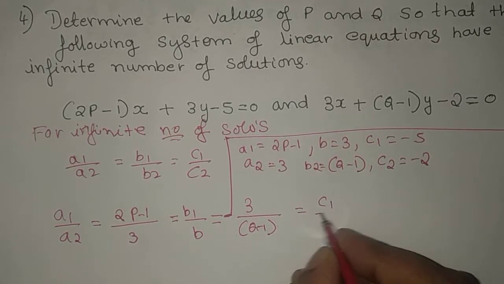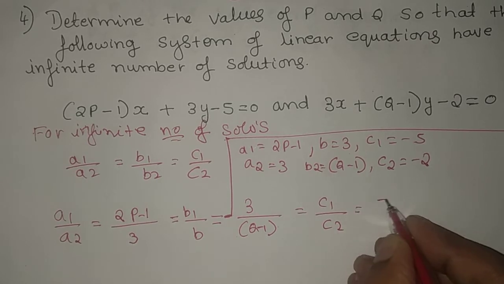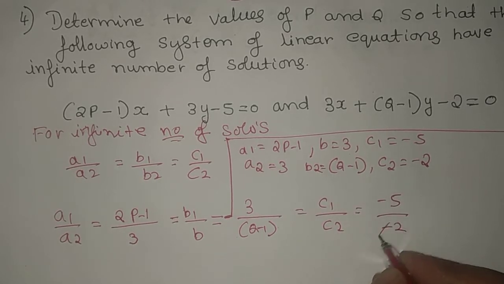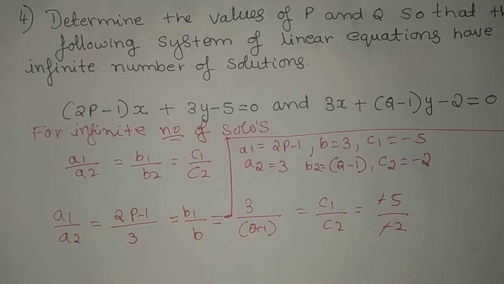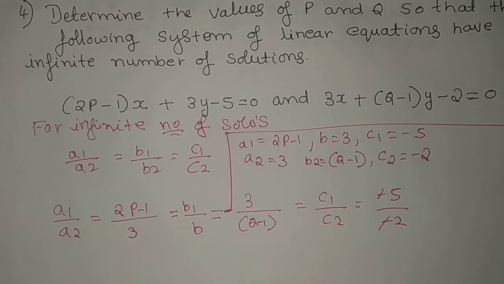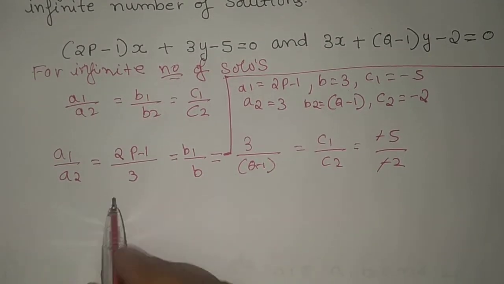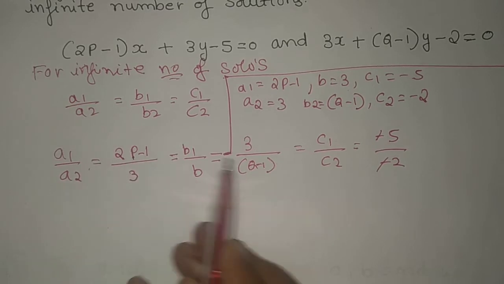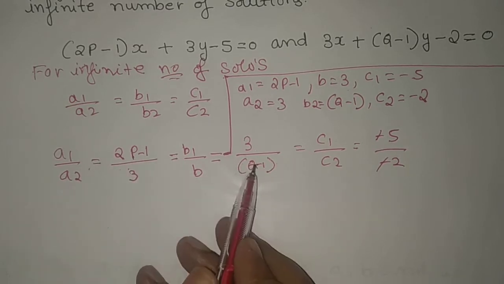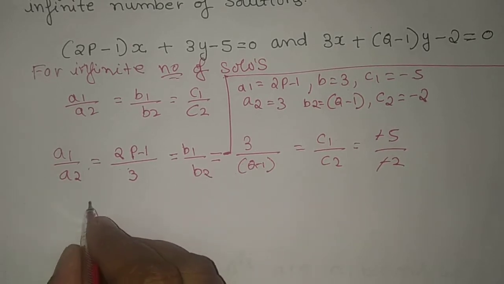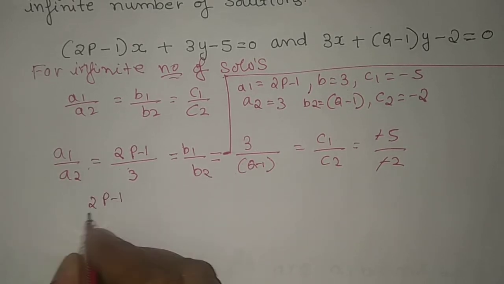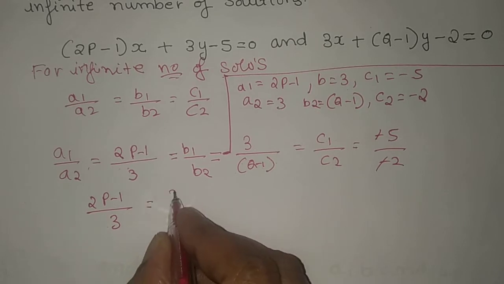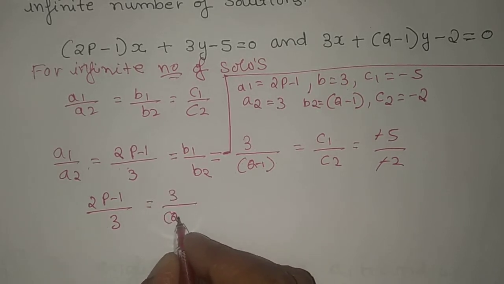Next C1 by C2 is equal to minus 5 by minus 2. Minus minus cancels. After this, the next step is to take A1 by A2 and B1 by B2. Therefore 2P minus 1 by 3 is equal to 3 by Q minus 1.